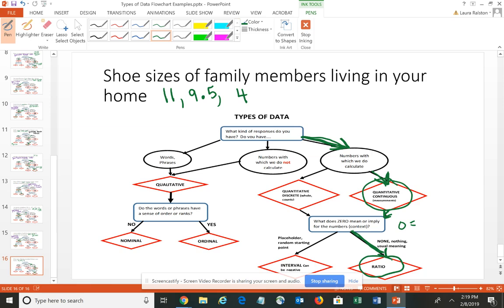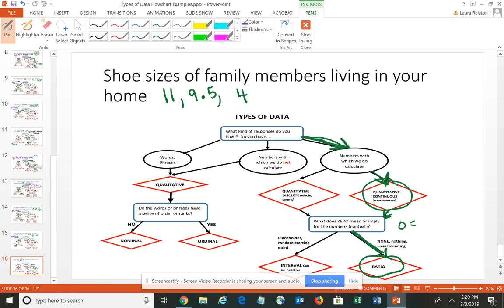Okay, but an argument could be made. Some people might say, well, it's just a label, which makes it qualitative, and it's ordinal because there is a sense of order to the shoe sizes. One size 4 is definitely smaller than 9.5. So sometimes you have data that's kind of in a gray area, and so then you just choose which one you think is best, and be ready to defend that, or say to somebody, well, here's why I think this is the case.